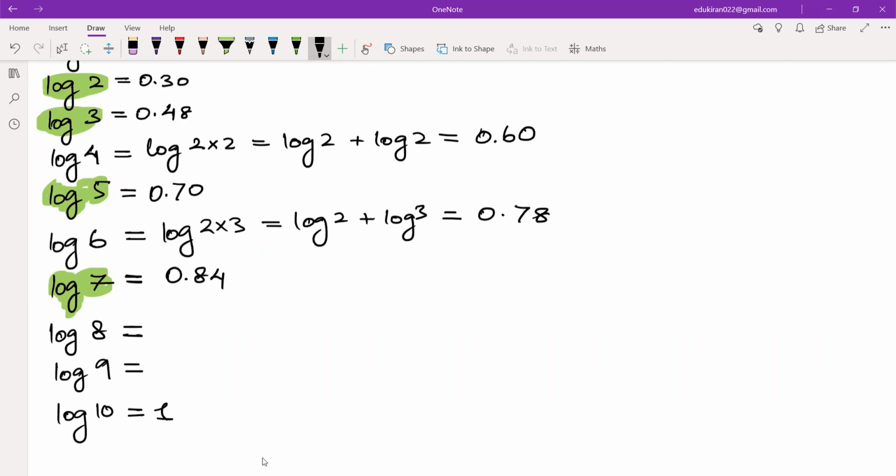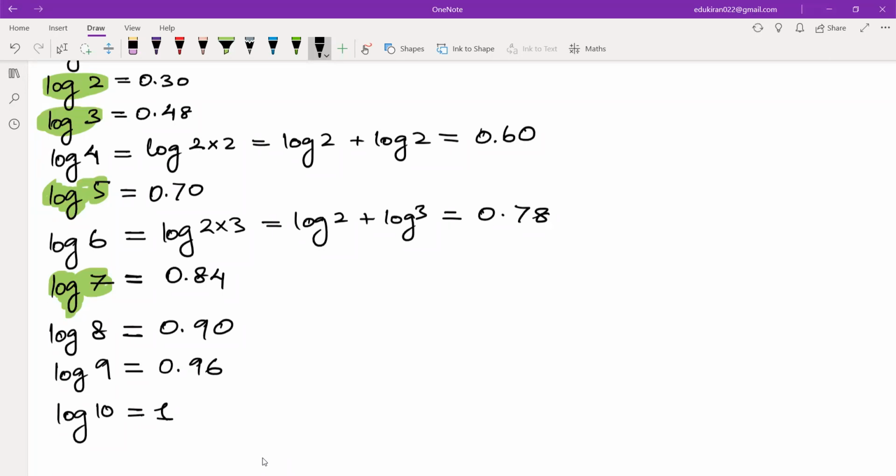We don't say it like 90; it is 0.90. What about log 9? 0.96.